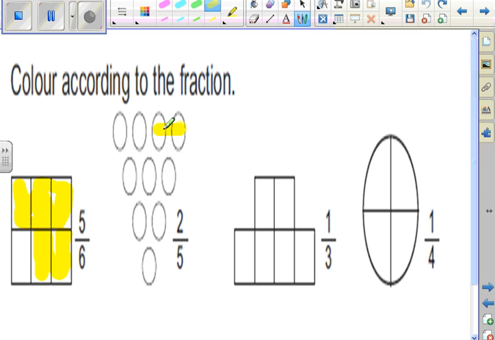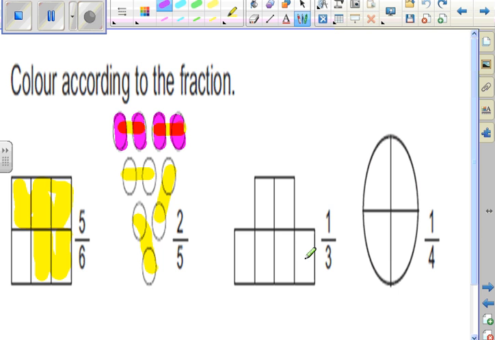Count with me. 1, 2, 3, 4, 5. So I will color 2 parts from these parts. Color just 2 parts. 1, this is one part. 2. So the number of all parts here is 5, so I have to take each 2 circles as one part, and then color 2 parts, which means color 4 circles.